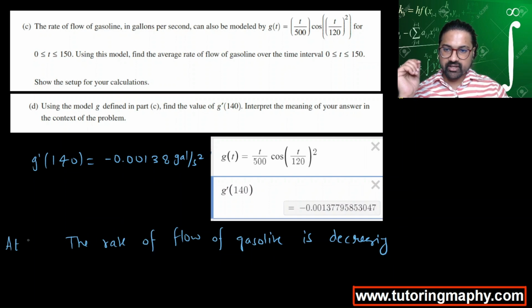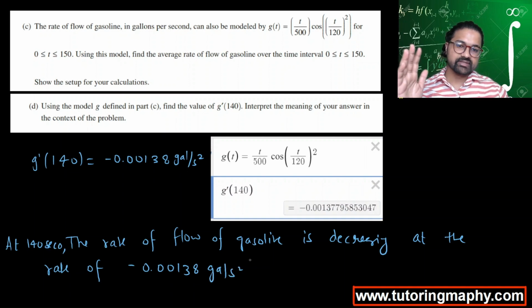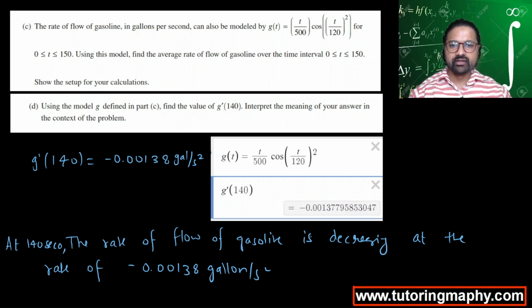So at 140 seconds, the rate of flow of gasoline is decreasing at the rate of negative 0.00138 gallons per second squared. So this should be the answer for our part D. I think this was the last part for this question.